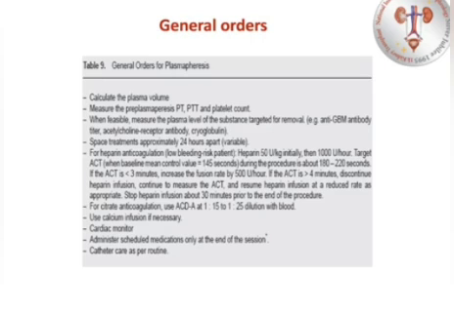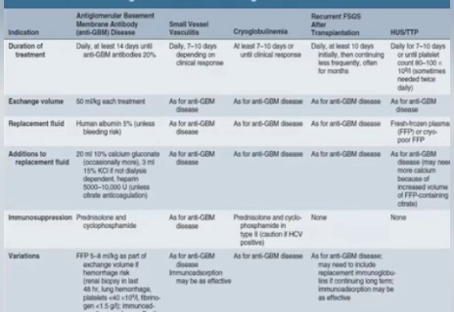These are the regimens for plasma exchange in some of the important renal diseases. I will highlight a few things. As you see here, in HUS and TTP the duration of treatment is 7 to 10 days, or until the platelet count is 80 to 100,000, sometimes needed twice daily in some cases.